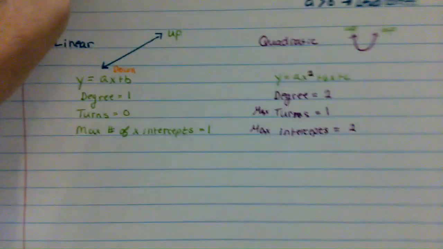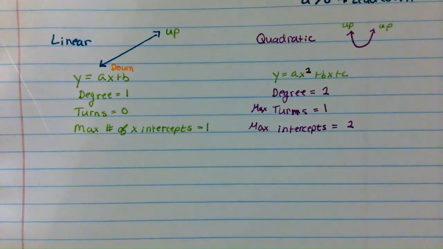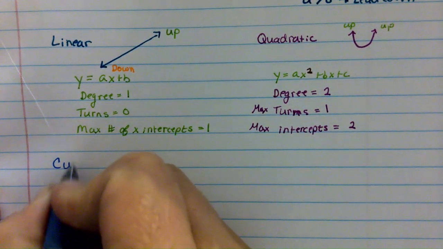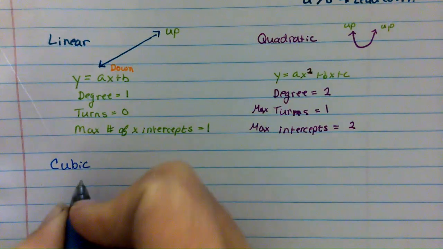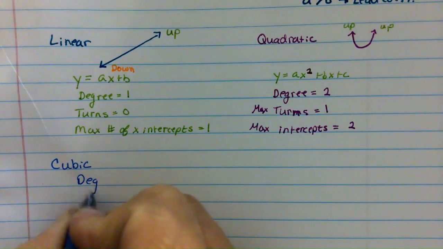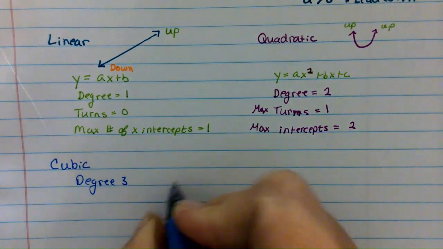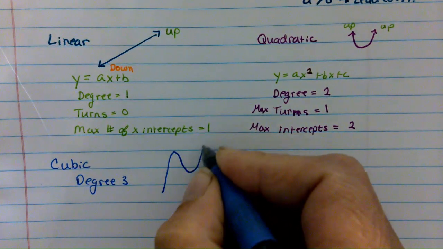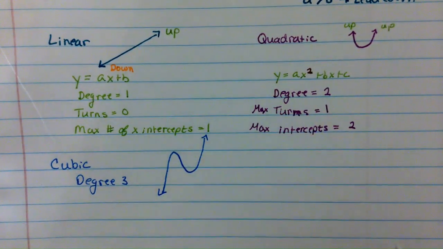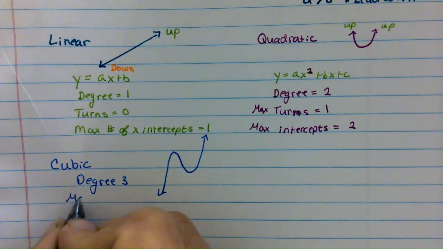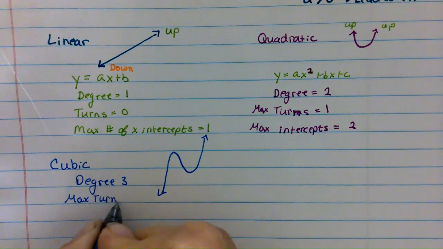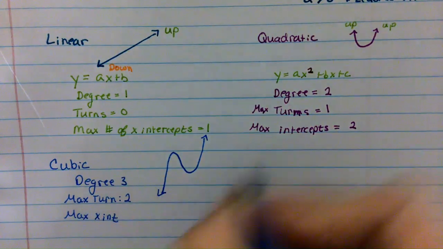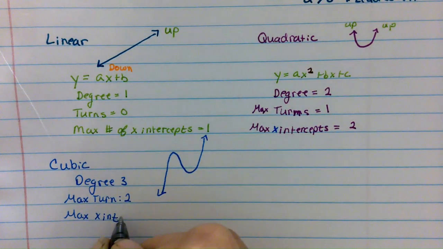Okay, so our next one that we're going to draw up here is an example of cubic. This would be a degree of 3. And I'm going to draw it as curvy as it could get. So the max turns is 2, and the max x-intercepts, I should have written x here as well, is 3.